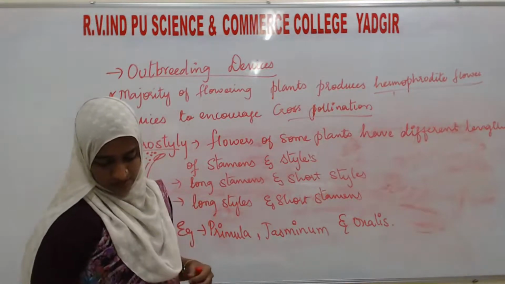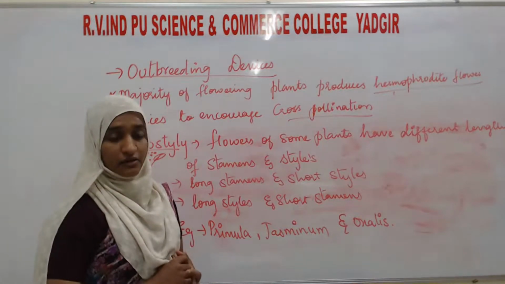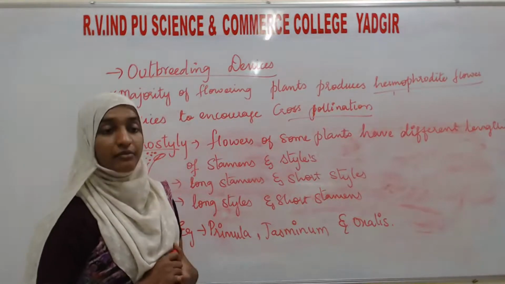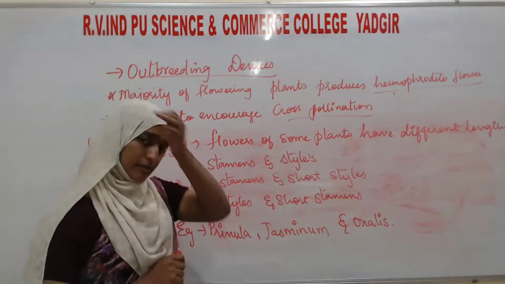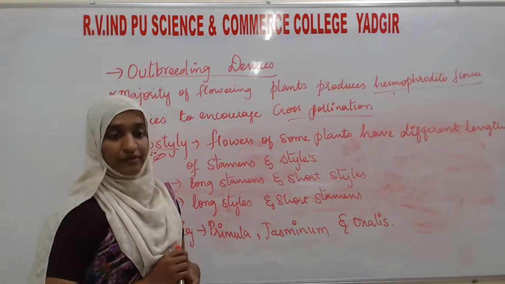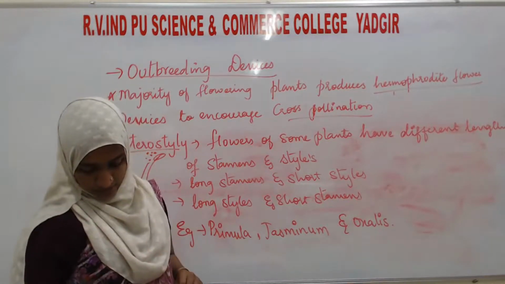Next, unisexual flowers I told in the first point, that is the decline of unisexuality. There you can mention the examples castor and maize, which are monoecious, which will prevent self-pollination and encourage cross-pollination.